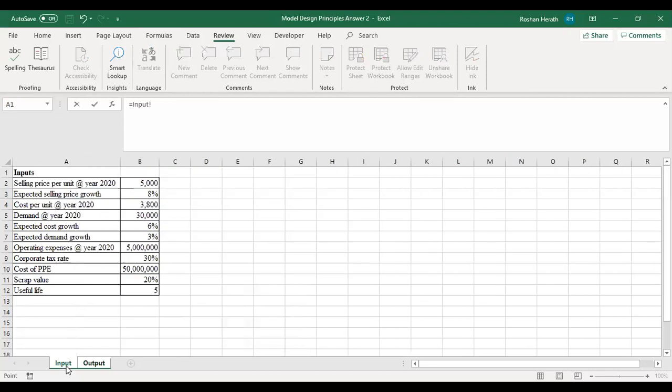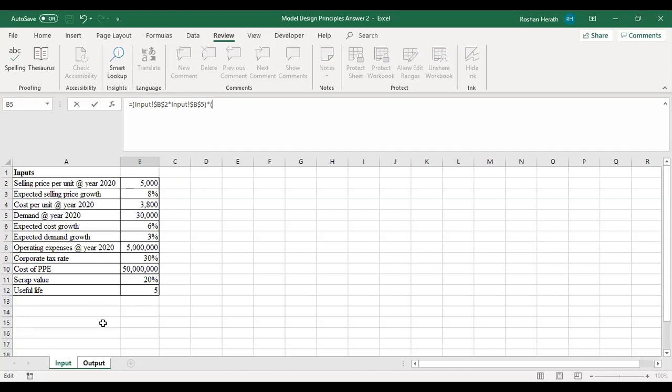You start with the selling price for 2020, make it constant, and multiply by the demand. Then you are getting the 2020 sales. But the question is about 2021. So you can put them within brackets and incorporate the growth in that.